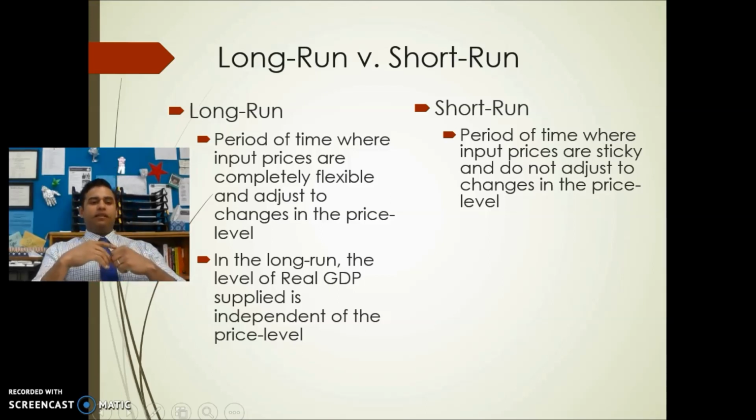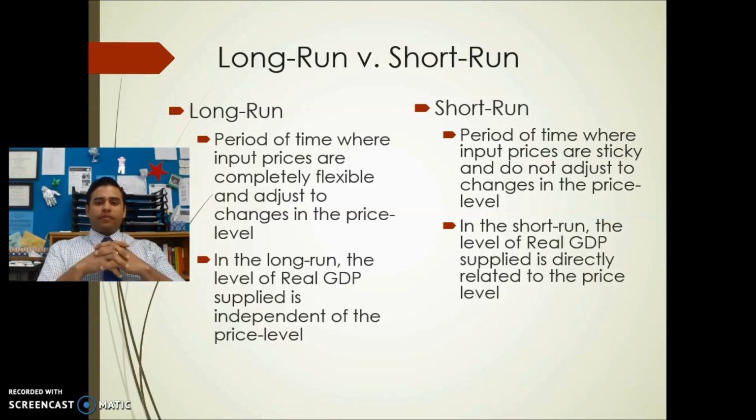And that is what is meant by the fact that your rent was stuck at $500 until you were able to re-sign the contract. That's what's meant by prices of labor, the wages that you pay. They were stuck at $10 an hour until they were renegotiated. So this difference between long run and short run comes from the reality that prices don't all just adjust instantly.